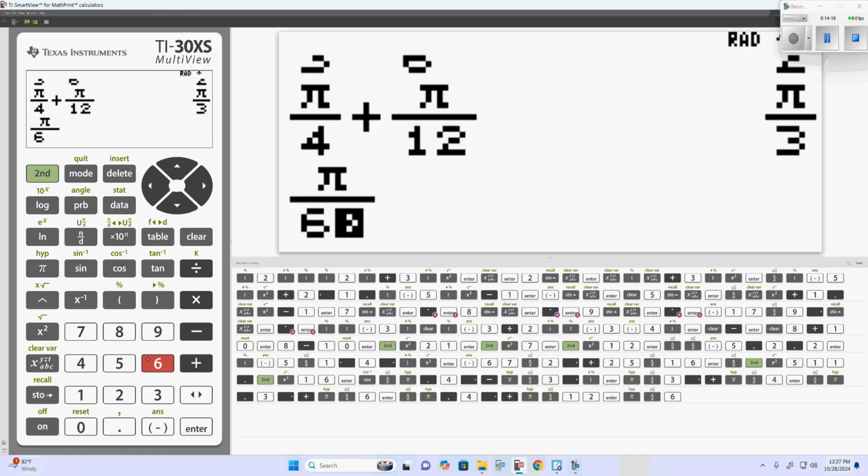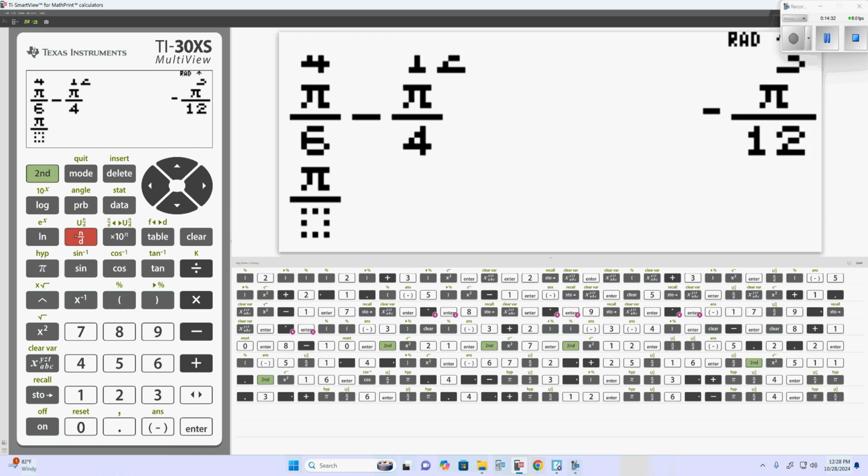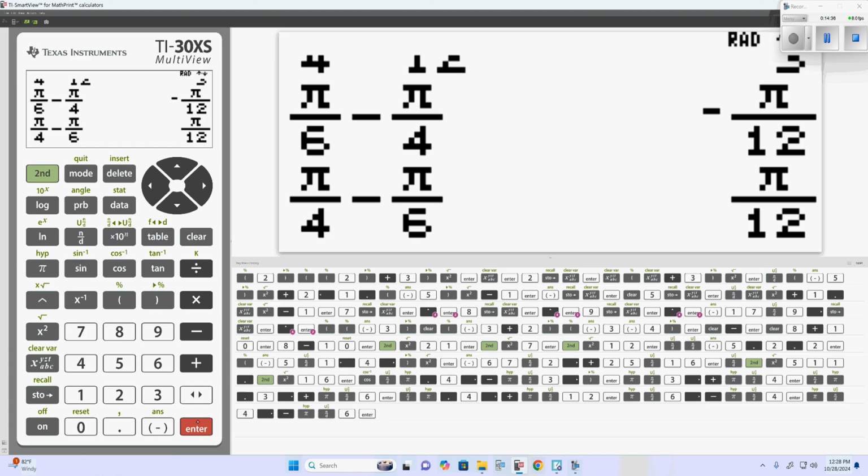So the other option is subtraction. So we can say pi over 6 minus pi over 4. So that's almost, actually, it just means we need to switch them. Pi over 4 minus pi over 6 does indeed give us pi over 12.